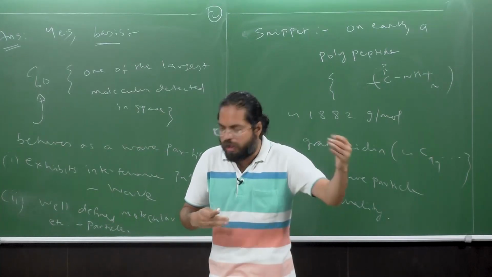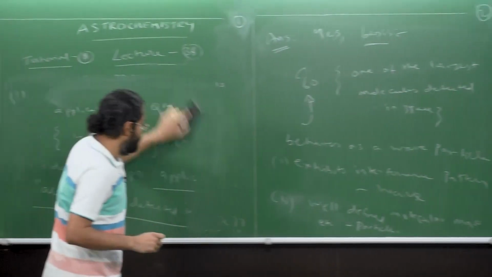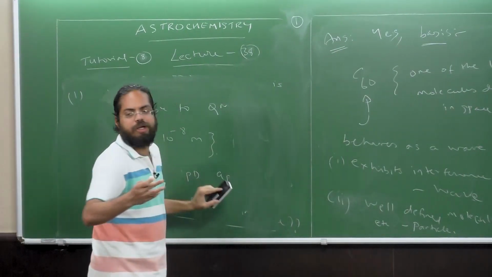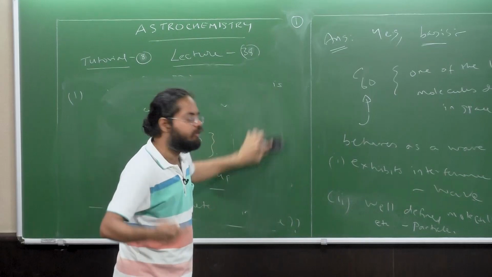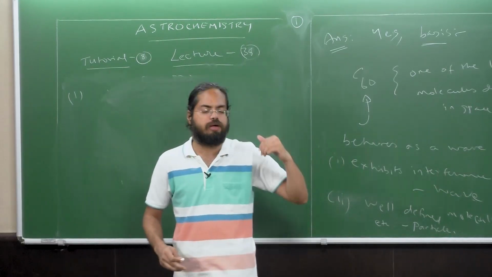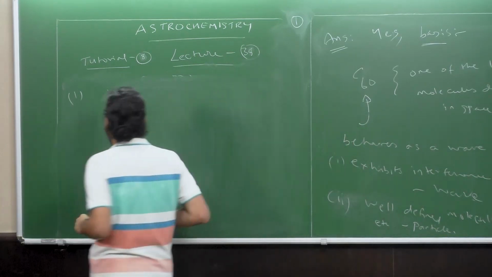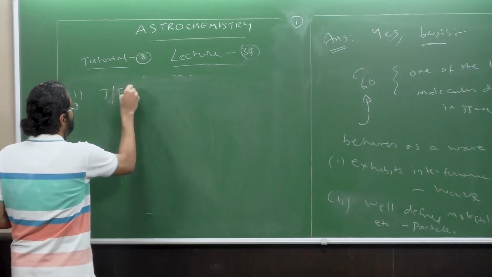Okay, we'll now move to our next question, which is also on the topic of de Broglie wavelength. This is going to be one of our classic true or false type questions. You should say whether the statement is true or false, and also explain why.